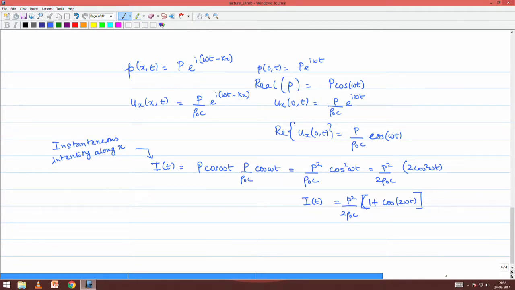Here what we see is that if I just open this out, this will look like P squared by 2ρ0c plus P squared by 2ρ0c cosine of 2ωt. The first term is a constant value, but the second term will be fluctuating between plus and minus, just like you had this fluctuation even for the oscillator, right. So, this is going to be a fluctuating term with 0 average.